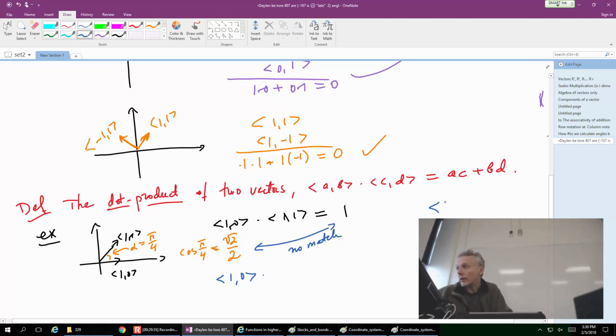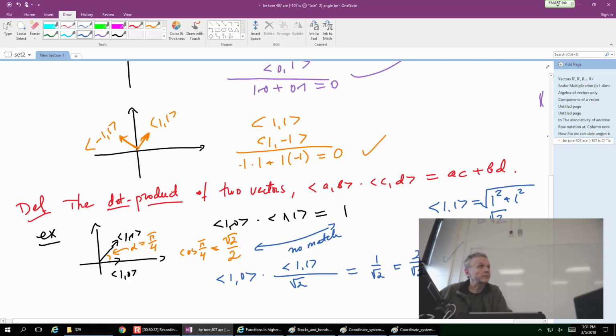What's the length of this vector? 1 squared plus 1 squared, it is square root of 2. So in order for the thing to work out, I have to divide by square root of 2. So 1 has to be divided by square root of 2, and then the whole thing becomes 1 over square root of 2, which is the same as 2 over square root of 2. So then it does work out.